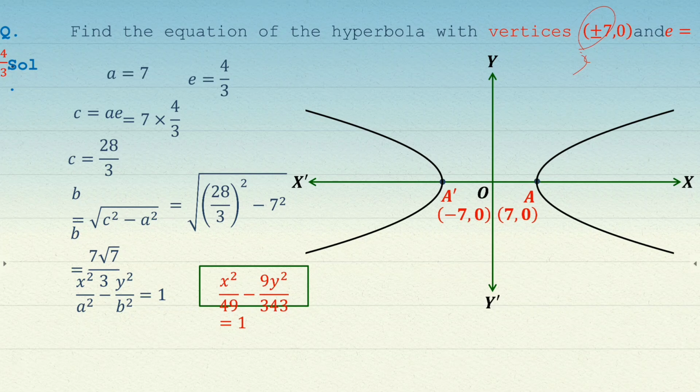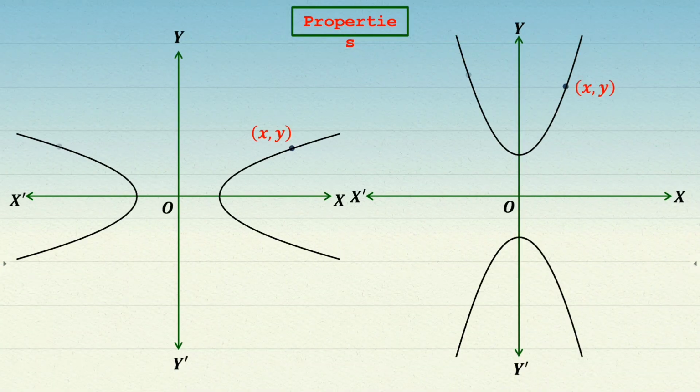Yes, but this is not C, this is A. It is the vertex, not the focus. The vertex is plus or minus A comma 0.